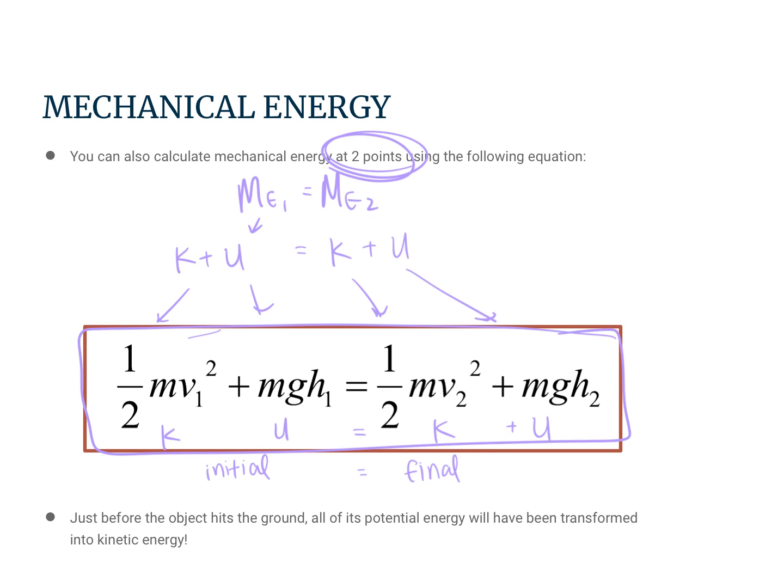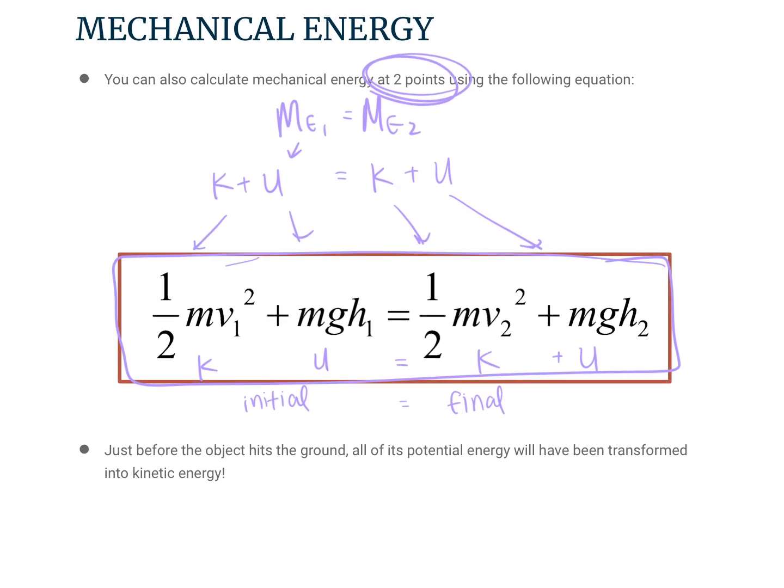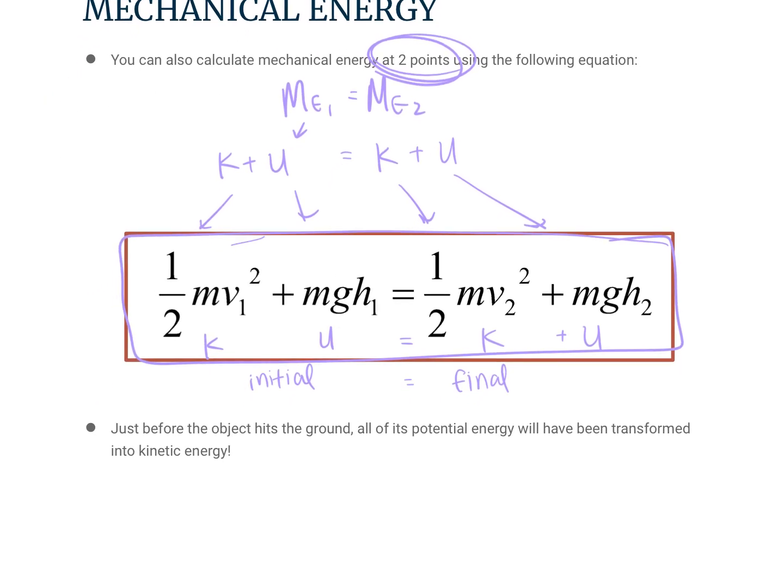Now, I'm gonna add one little wrinkle in here as well, because technically we have two types of potential energy, don't we? We have potential energy of gravity, and we have potential energy of a spring. So if we really wanted to be technical, we would put in plus 1/2 kx squared plus 1/2 kx squared on each side, knowing that we probably won't have all of these terms in every equation.